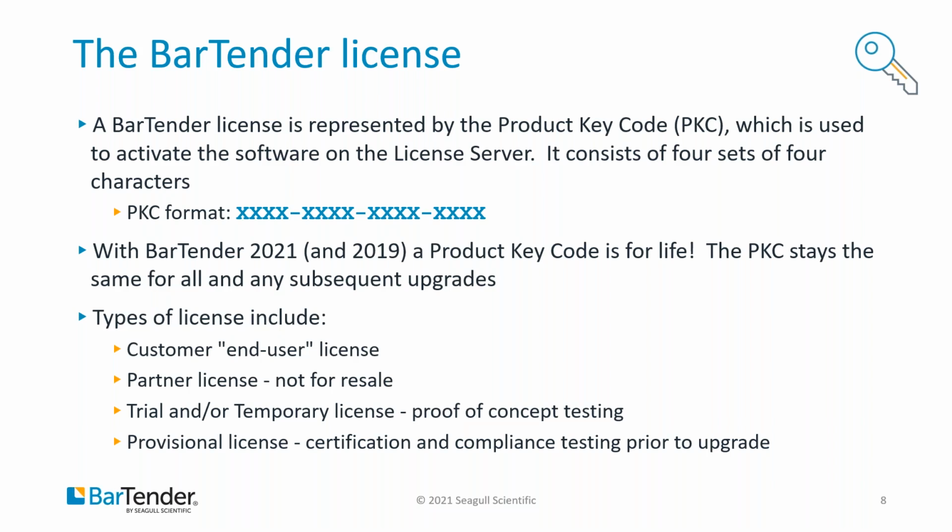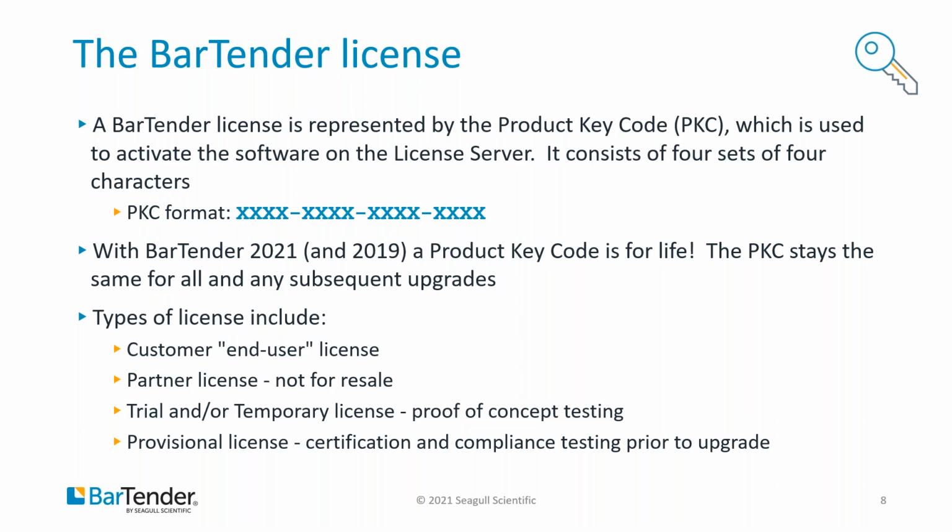The idea being that if you upgrade or change your license in any way, we simply change the state of that license for that product key code to reflect what the edition, version, number of printers that it supports should be, and its maintenance contract and all those sort of details. So it gives us very much great flexibility over what that product key code is actually representing.